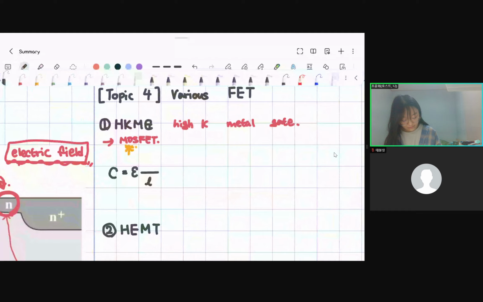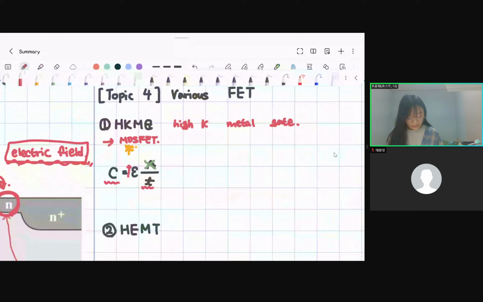So when we want the capacitance to go higher, we can do two things. The first is lowering the thickness, and the second is raising the permittivity.